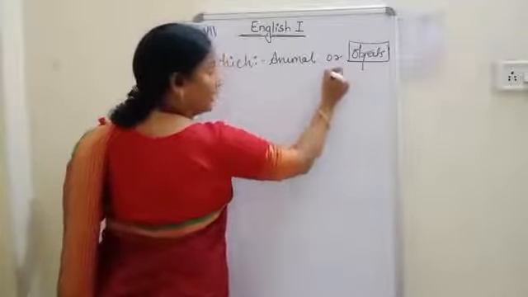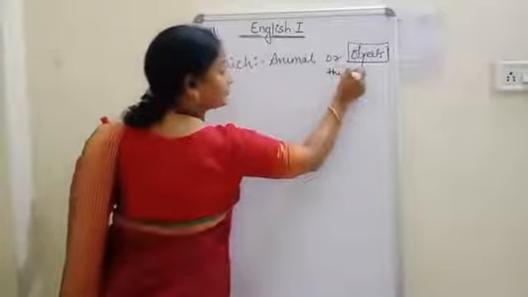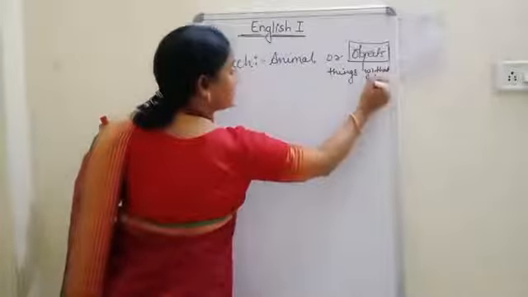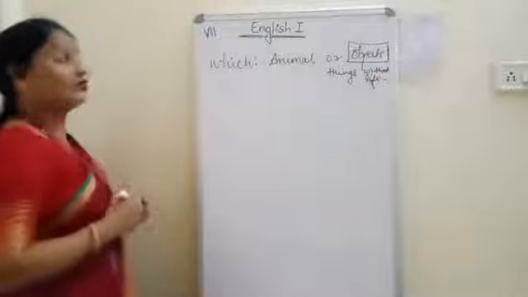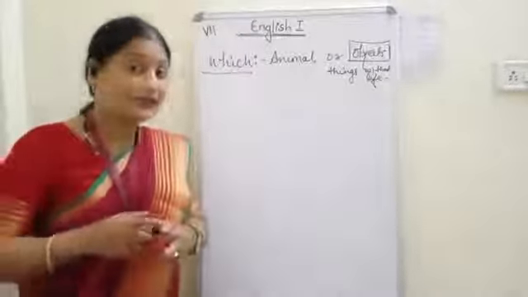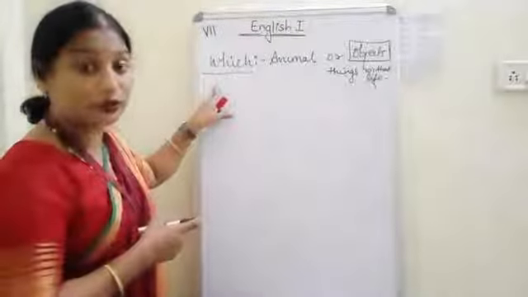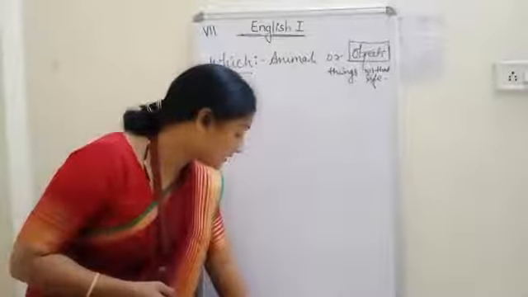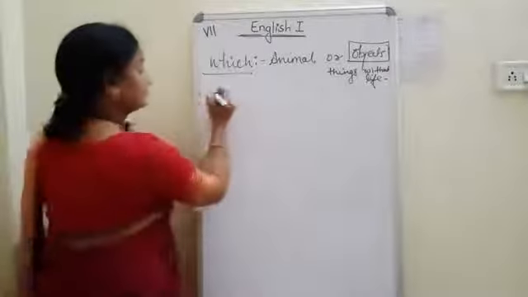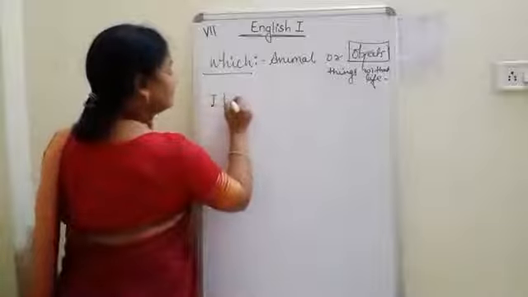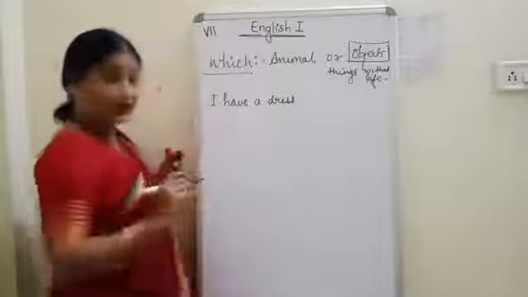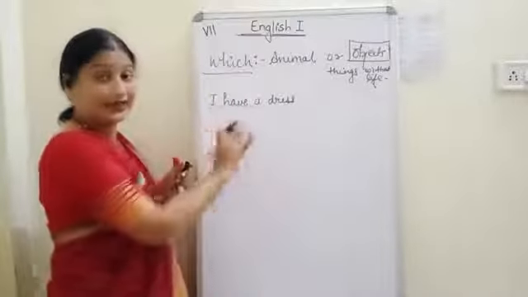So, what is there? Things without life. For things we can use the word "which". If you want to relate, then that can be related by using the word "which". For example, see, the sentence: I have a dress. Do you feel that there is any living?